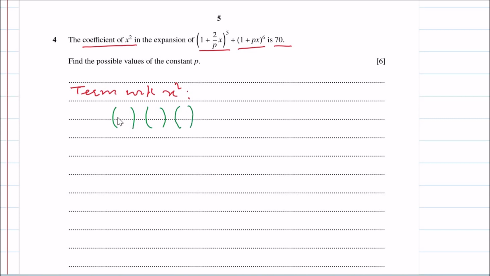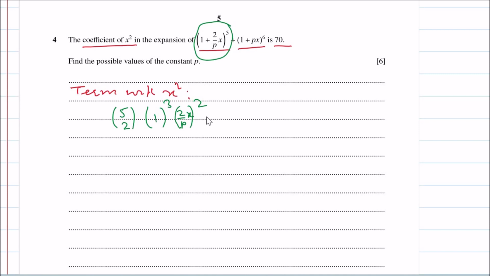First part is for nCr. Now n value is 5 in the first one here. So 5. Then the first term is 1, put 1 here, and in the other bracket we'll put the second term, that is 2 by p. Now we want x square, that means we need to put power 2 here, right? And whatever power we put on the second term, that comes here with the nCr. So 5c2 we got. Now the difference of 5 and 2 will come over here in the middle part.